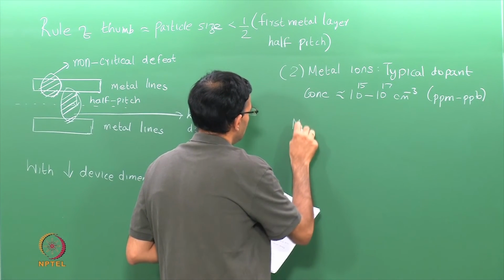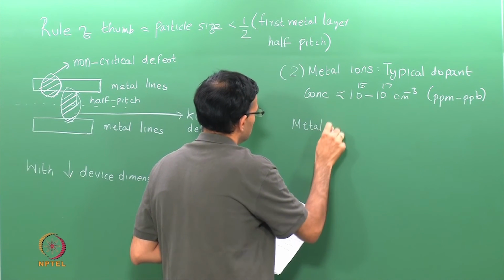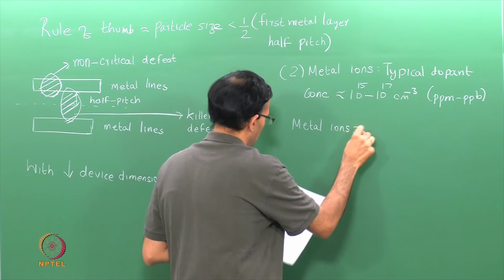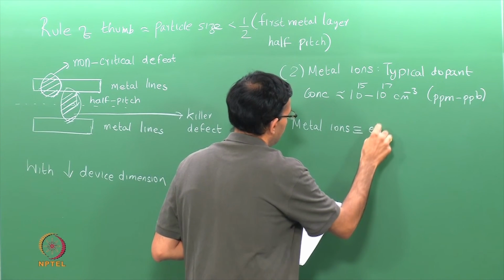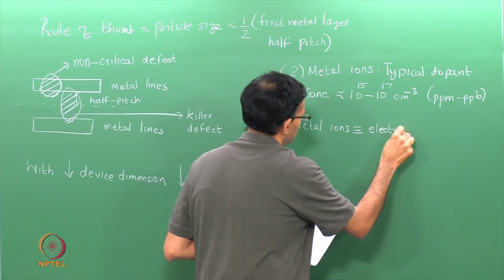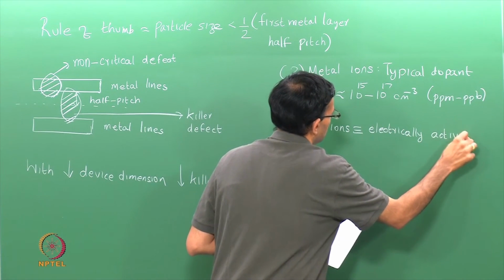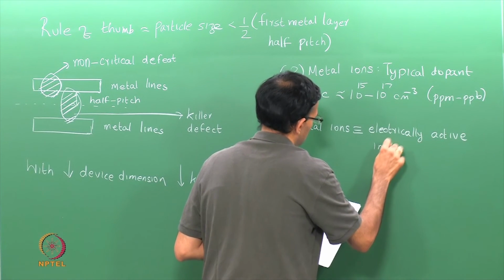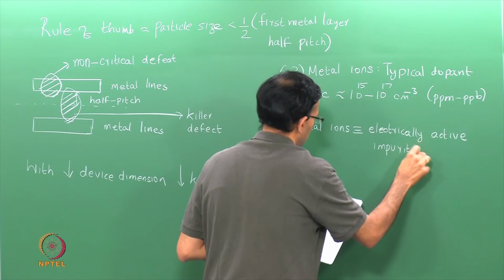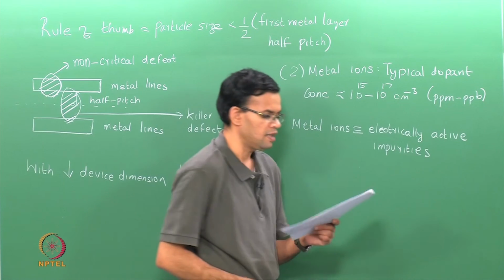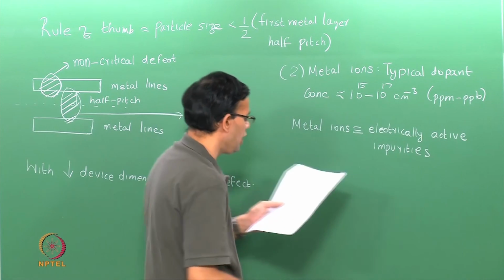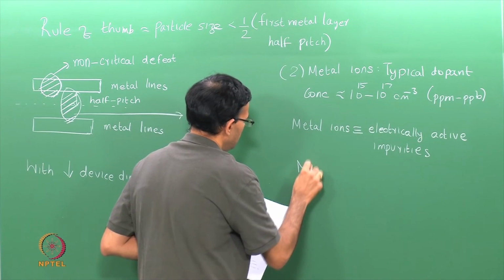So, metal ions are essentially electrically active impurities. Another name for them is a mobile ion contaminant or MIC.